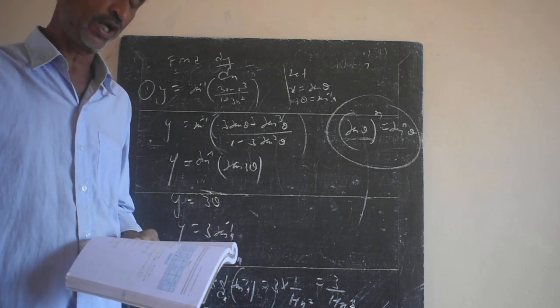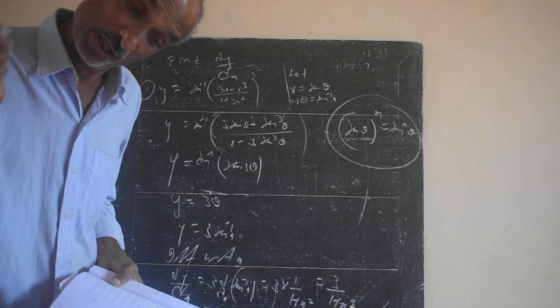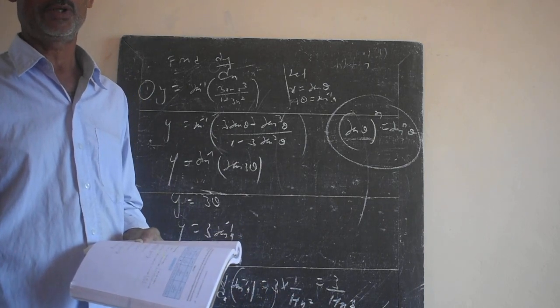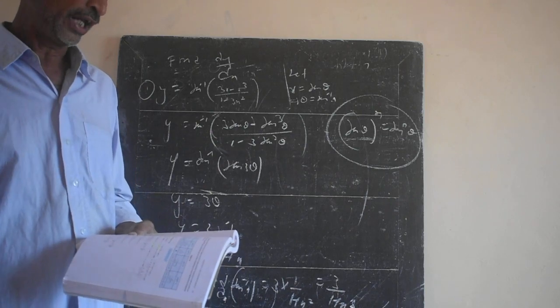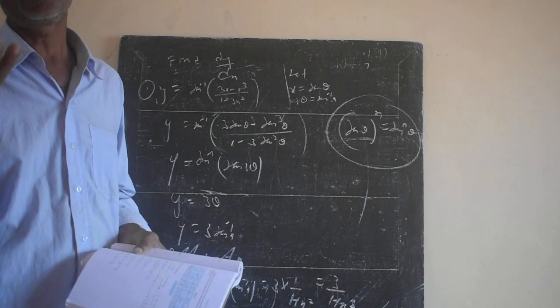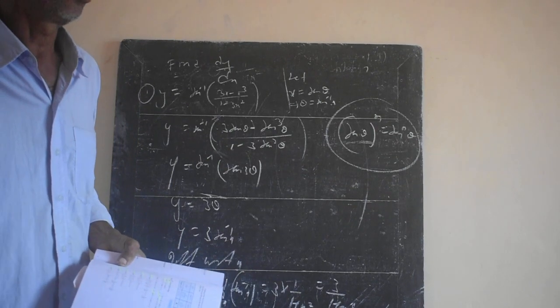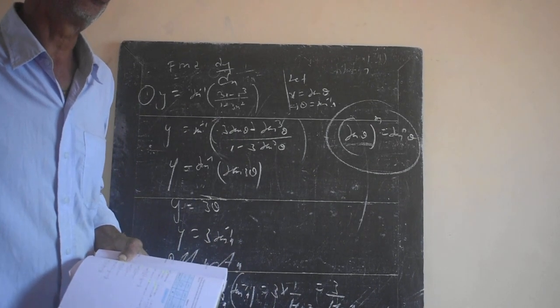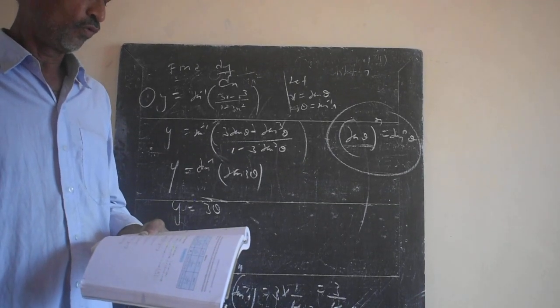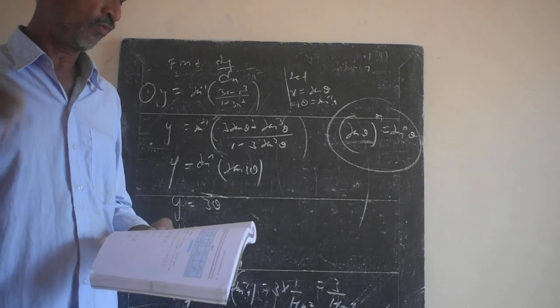Therefore, cos inverse of 2x upon 1 plus x square is pi by 2 minus sin inverse of 2x upon 1 plus x square. Then by differentiating, dy by dx is minus 2 upon 1 plus x square.